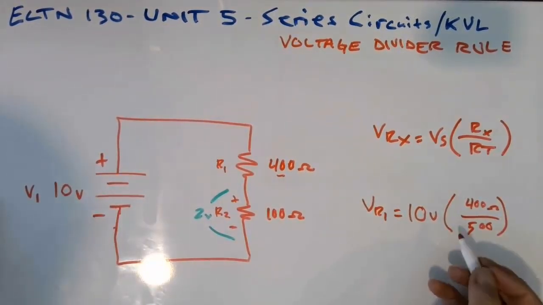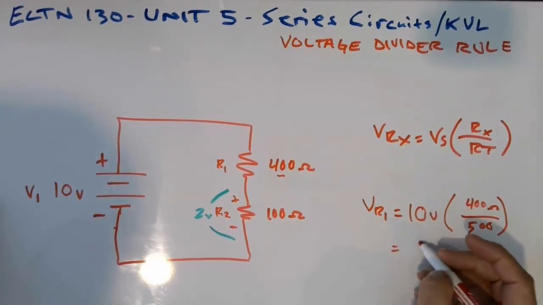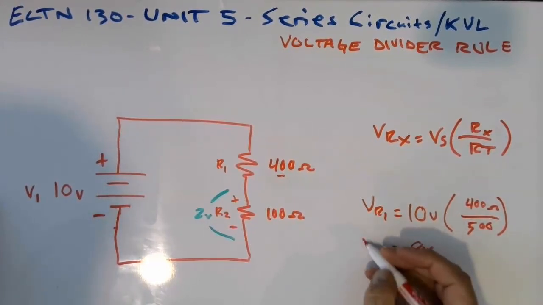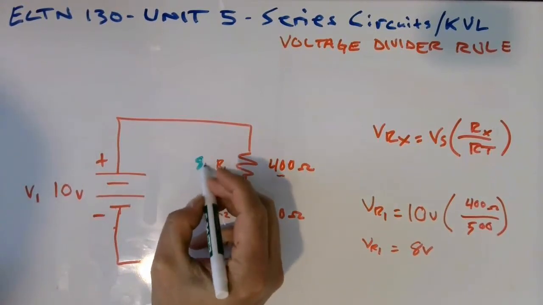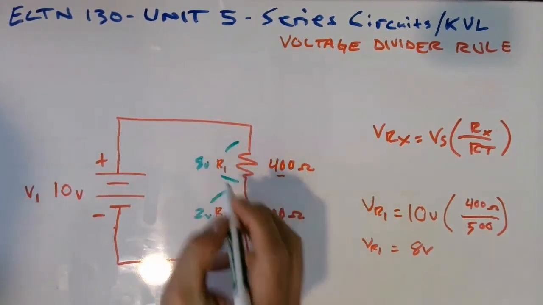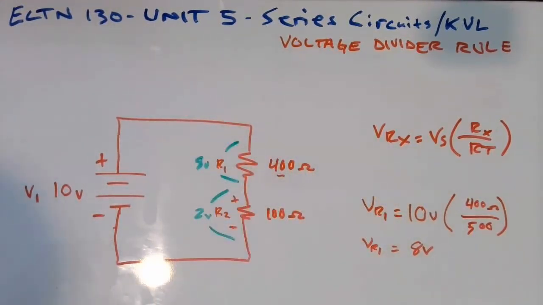So if we multiply that through, that ends up being 8 volts. That is VR1. And just like we calculated before, those two voltages end up adding up to the same as the source voltage. So we have 8 volts across R1. So that's using what's called the voltage divider rule. That's a quick way to calculate just the voltages without the current.